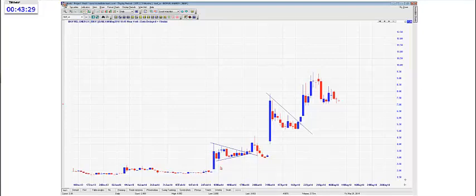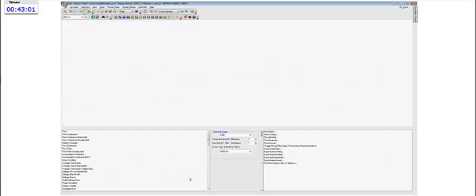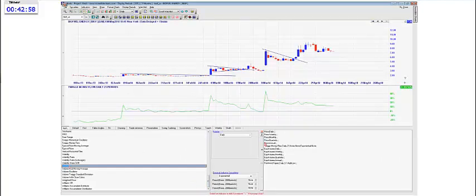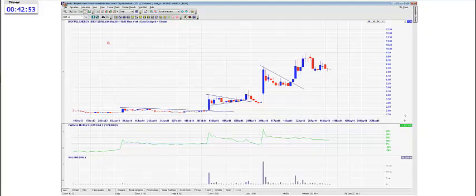And so what you do here, just a very basic lesson in flags, is when you see a dramatic movement up, we find what was the trend line or horizontal level that it broke, so we draw that on. I'll just add the volume on, excuse me. We then check, did it break on substantial volume?